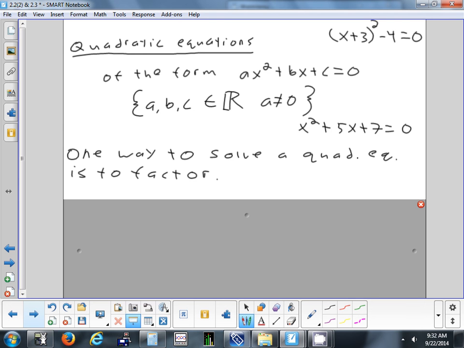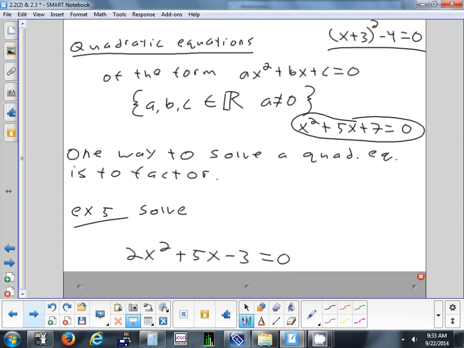Does anyone remember how you take an equation like that and change it to something like that? That's part of the method. You end up factoring as maybe the second or third step. Or completing the square. Okay, completing the square. So that's the method that you would use. All right, so factoring, completing the square, and quadratic formula, which we don't know yet. We're going to derive that in a little bit.